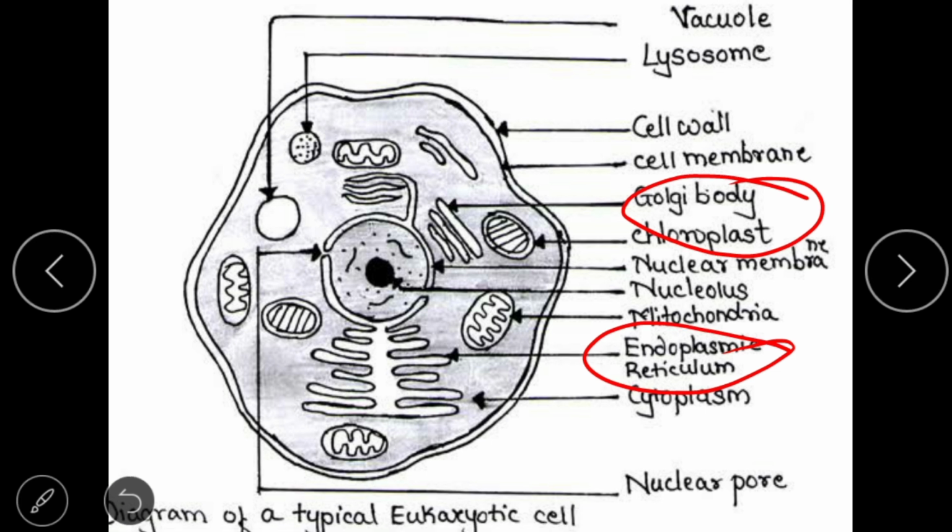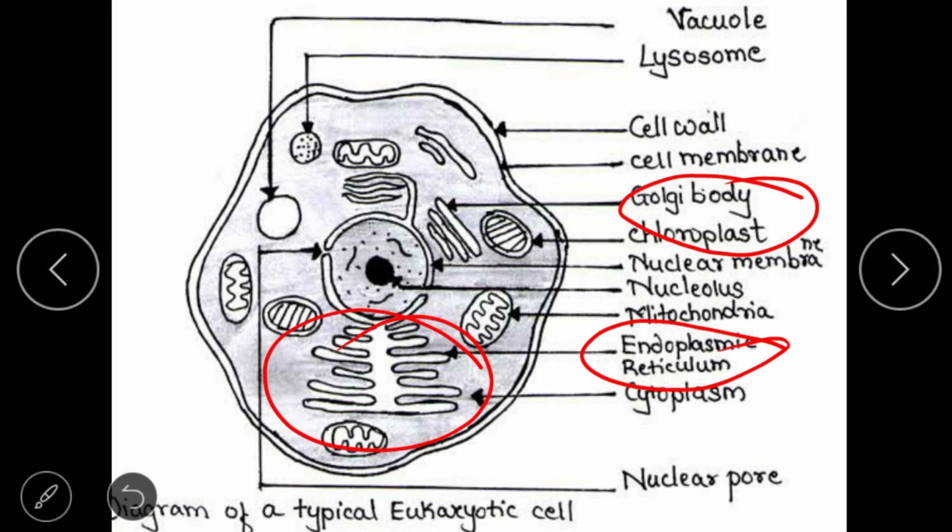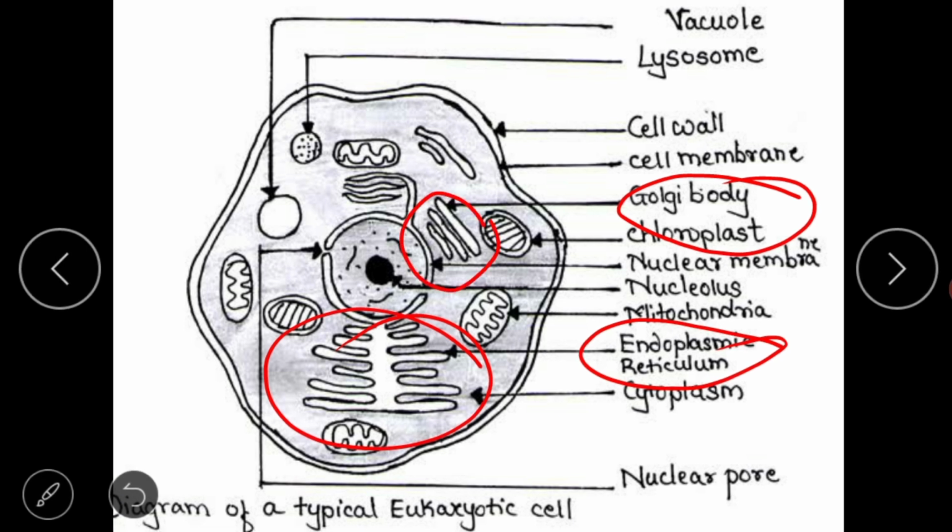it synthesizes the lipids and cholesterol, and it helps in production and secretion of steroid hormones and metabolism of carbohydrates. This is the function of this endoplasmic reticulum. Now if you move on to the Golgi bodies, it helps in processing and packaging of proteins and lipids.